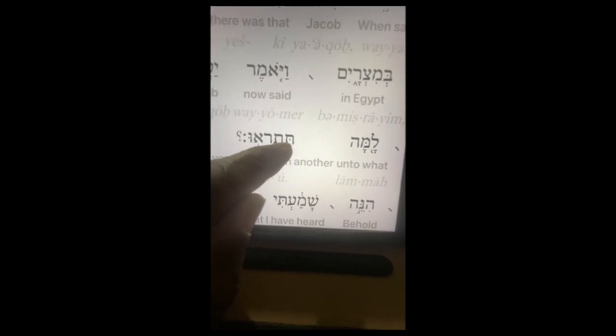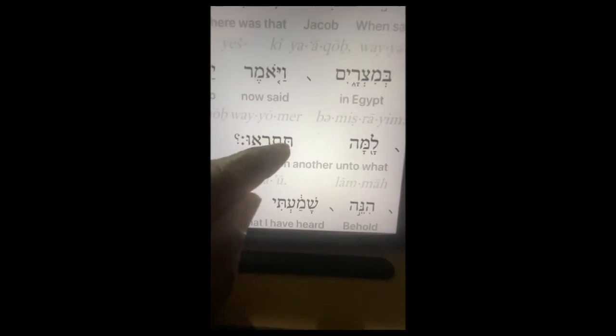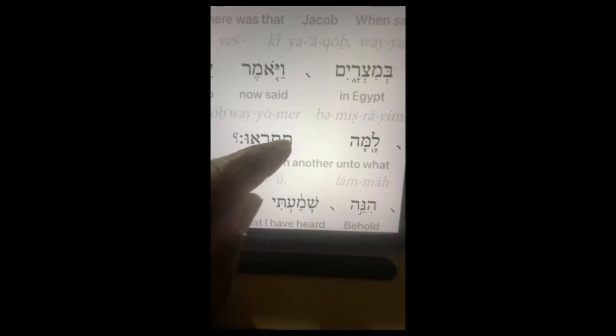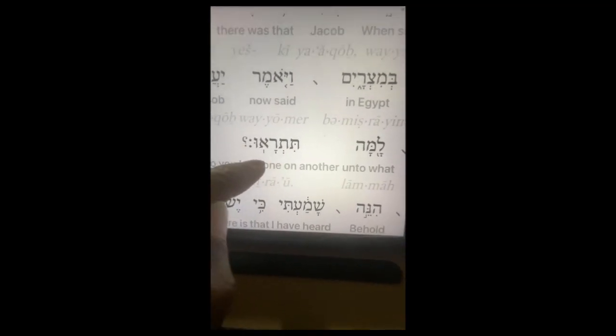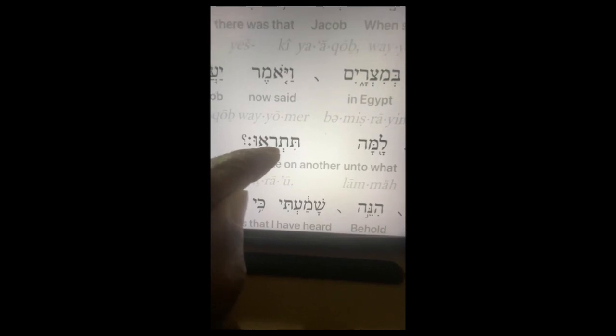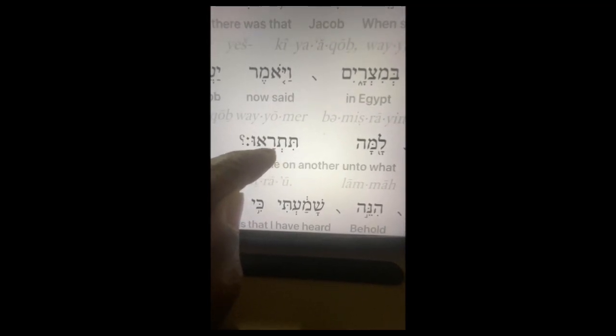But in the Sephardic pronunciation, you would say "teeth ra'u," because remember, the Sephardic does not recognize the distinction between the vowels that we have here.